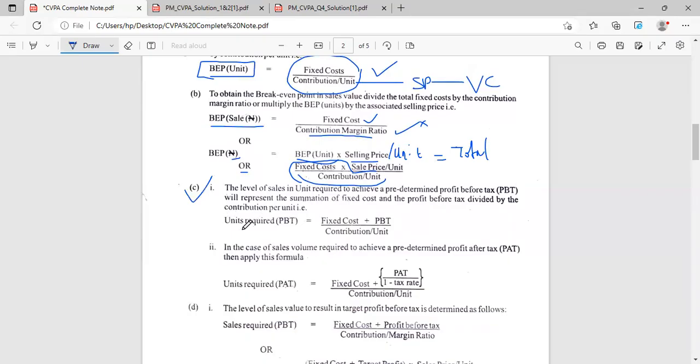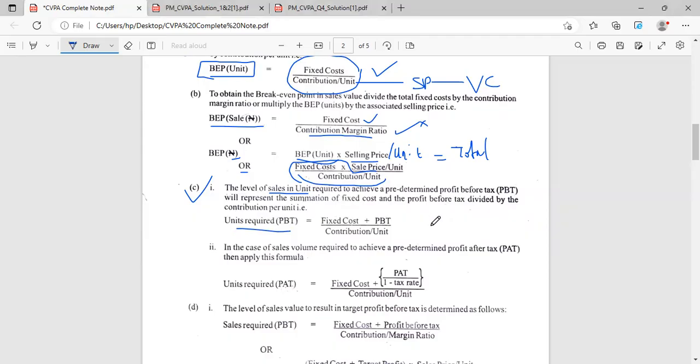Now, listen to me. The level of sales in units required to achieve a predetermined profit before tax will represent the summation of fixed cost and the profit before tax divided by what? Contribution per unit. So you may be asking, what quantity should we produce to get a profit of this amount?